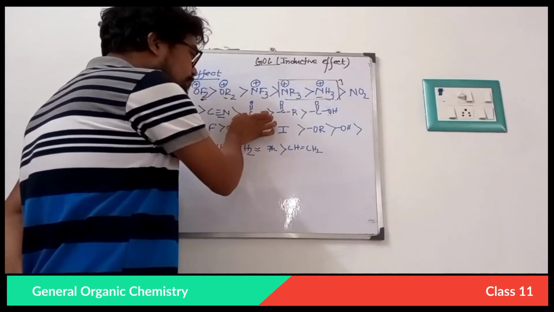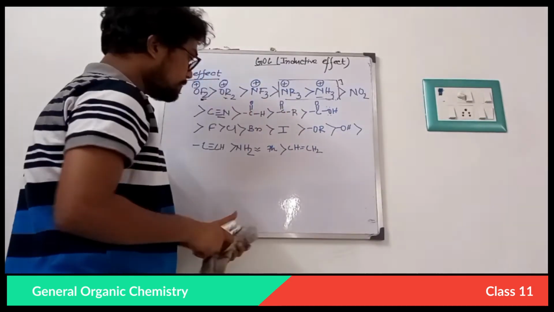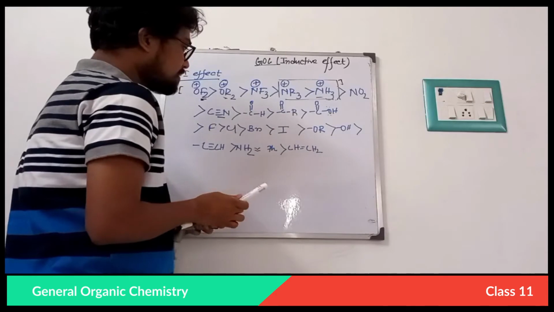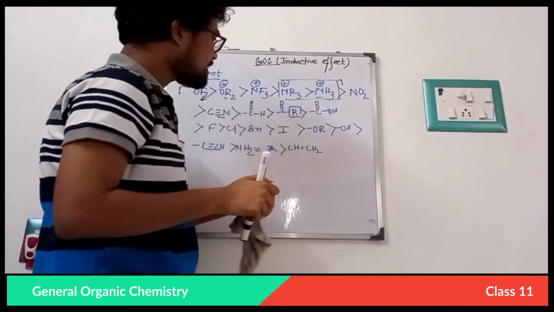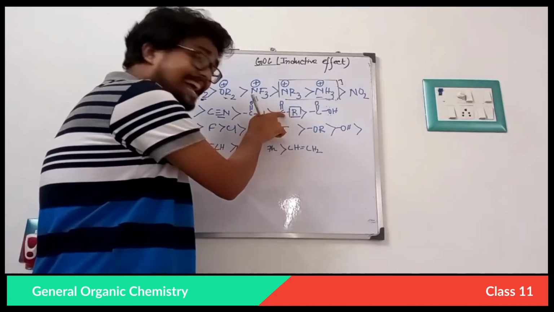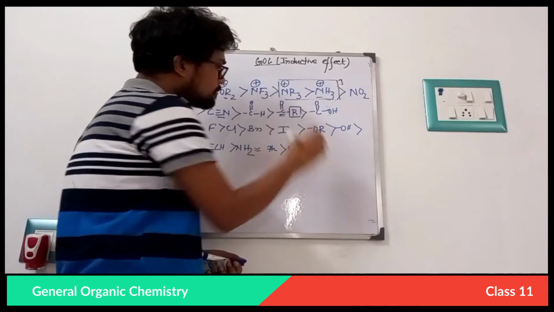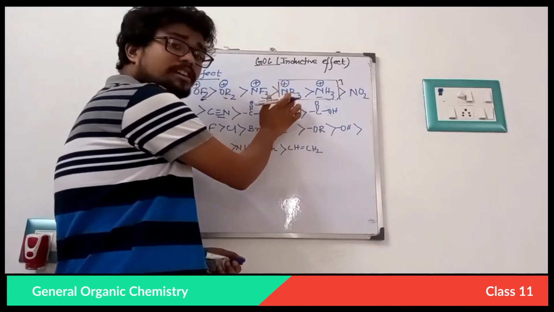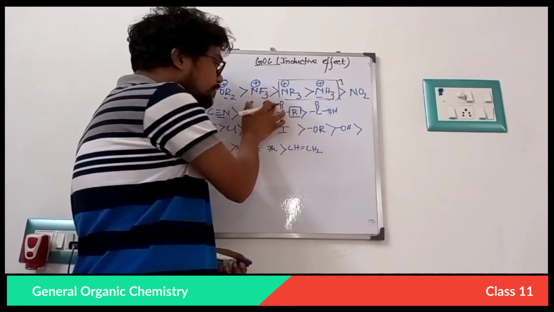Why is aldehyde more electronegative than ketone? Look very carefully. In case of ketone, there is the plus I effect of R that decreases the electron deficiency on this carbon atom. Because oxygen is more electronegative than the carbon atom, oxygen tries to grab the electron density from carbon.